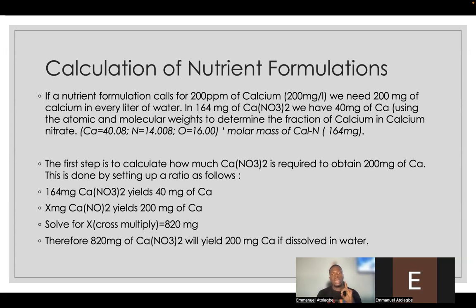So in 164 milligram of calcium nitrate, there's a reason why I'm slowing down to explain this, you have 40 milligram of calcium.